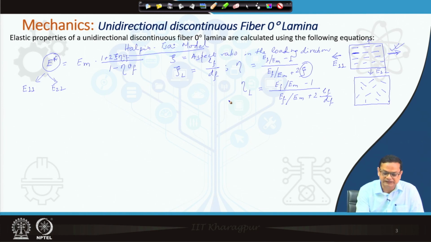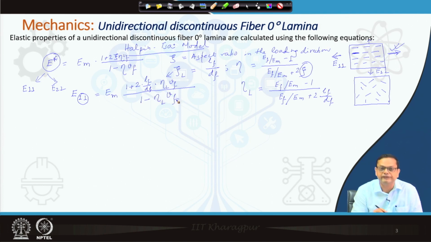Using all these equations, if we calculate E11, it will be equal to Em times (1 plus 2 xi L eta L Vf) over (1 minus eta L Vf), where xi L is Lf over df. And this eta L value we can get from the equation here.